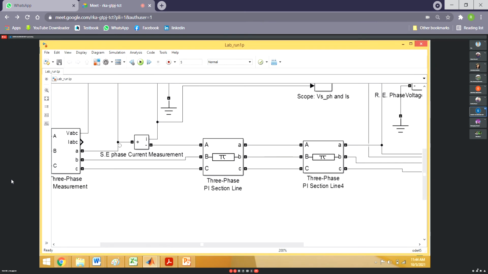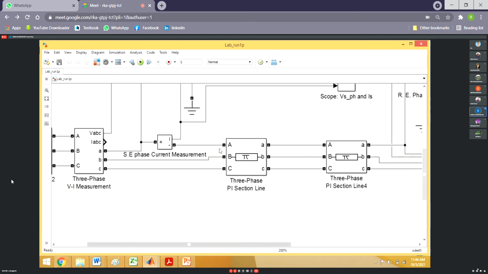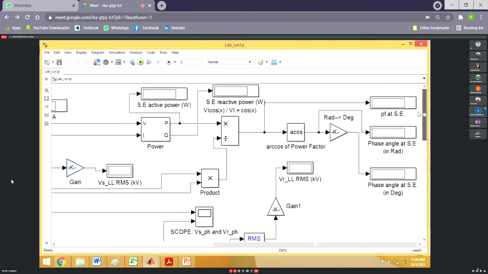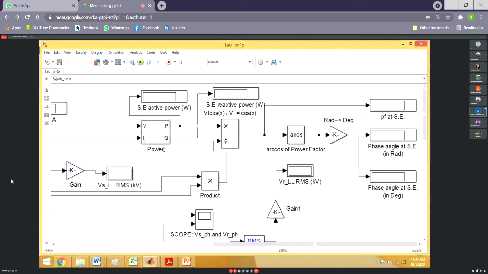So I have selected the sending end quantities to measure the power factor. What we can do is measure the sending end active power and divide it by the RMS value of sending end voltage and current. So that is done, right? This is the power measurement. Voltage and current are fed, and we can measure the P and Q as we do in a wattmeter. Then these are the meter displays.